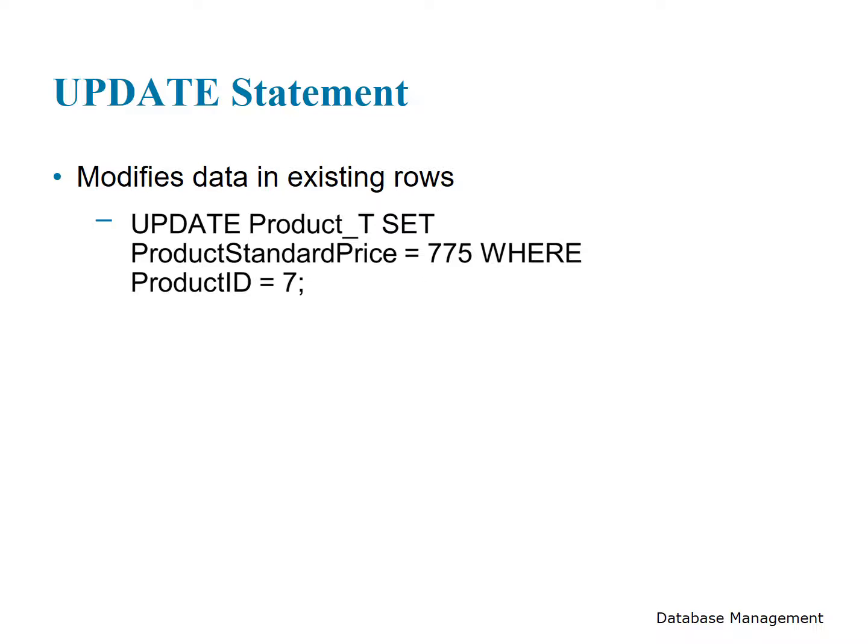Because product ID is the primary key, which must be unique, so there can be only one product with product ID equal to 7. However, many times update and delete affect many records. For example, DELETE FROM customer_T WHERE customer_state = 'HI' affects all customers from Hawaii.